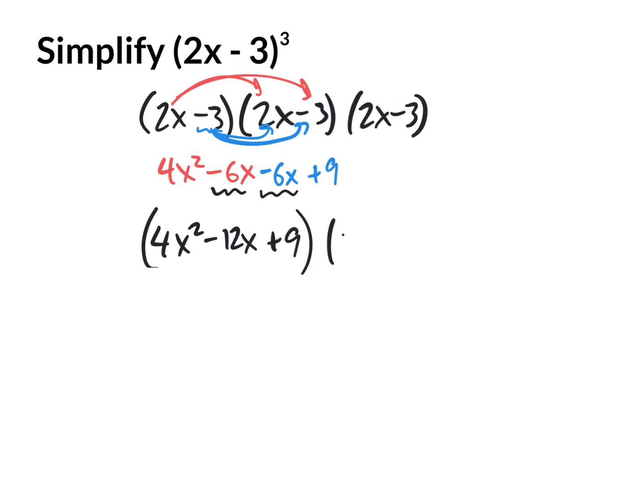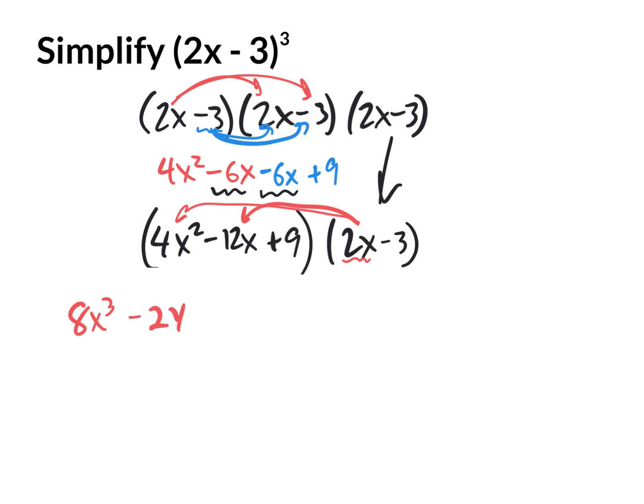We still need to take this quadratic trinomial and multiply it by this other binomial 2x minus 3. So bring that down, 2x minus 3 right there. And now we need to distribute. I would rather distribute my binomial into my bigger trinomial, and that's what I'm going to do. I'm going to distribute this first term, 2x times 4x squared, that is 8x to the third. And then 2x times negative 12x, that's a negative 24, but x times x is x squared.